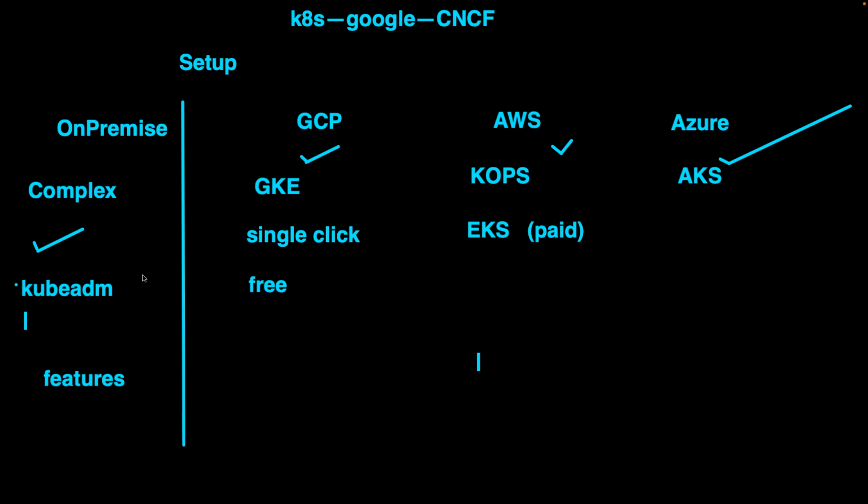GKE is the Google Kubernetes Engine, a service on Google Cloud, just like you have the EC2 service and S3 service on AWS. In the same way, kOps on AWS is just a different naming.